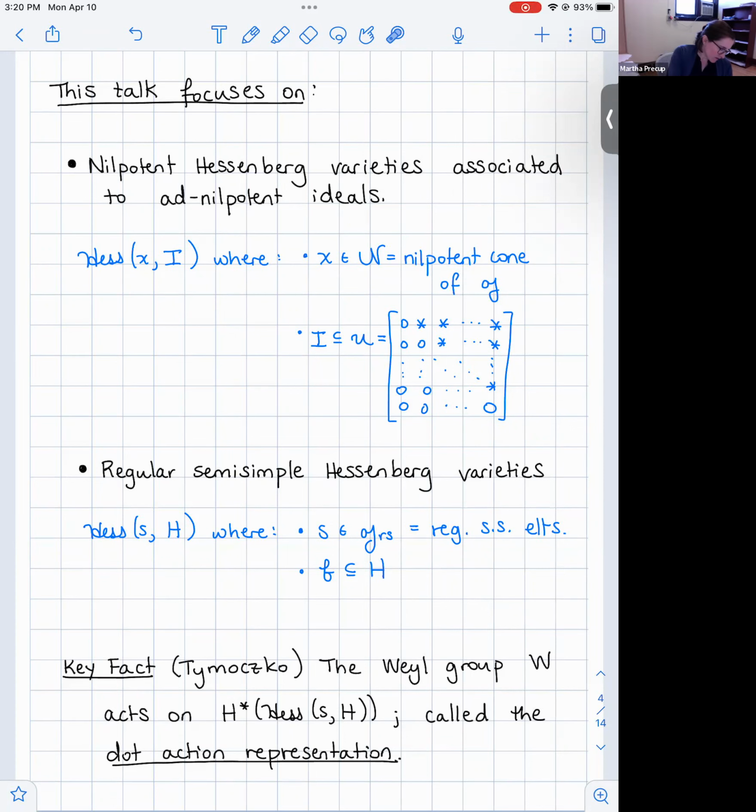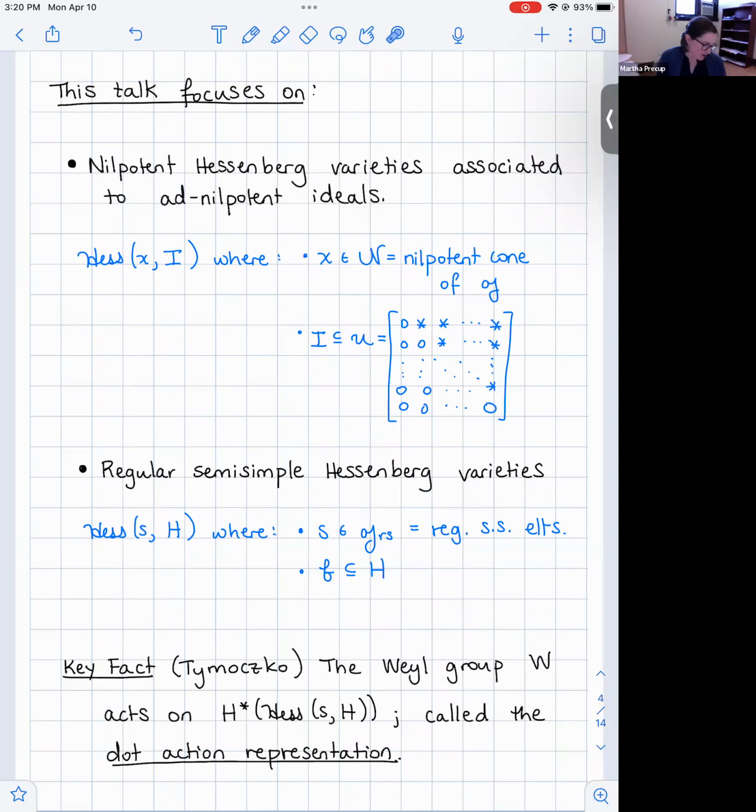The other kind of Hessenberg variety I'm going to talk about is called a regular semisimple Hessenberg variety. That means I'm going to assume that the matrix I'm using to define my Hessenberg variety is in the regular semisimple collection of my Lie algebra. If I go back to my SL_n setting, that means I have a diagonal matrix with distinct eigenvalues.